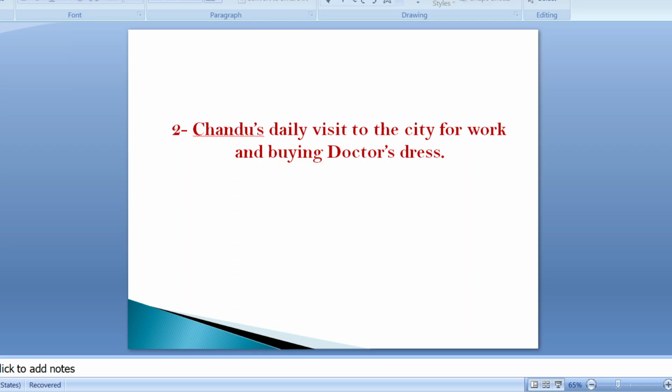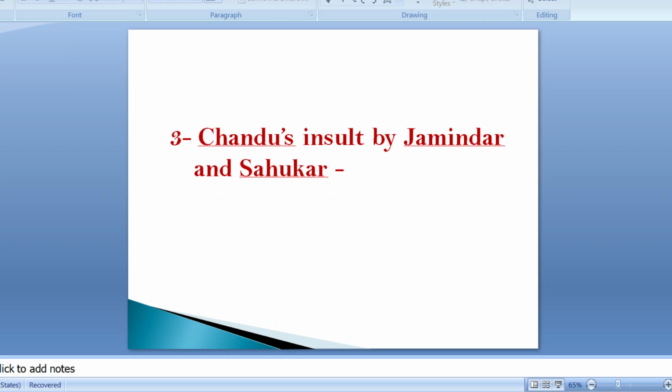He says you are not destined to wear such clothes like the doctor. You are only destined to wear your lower caste dress. So this was very abusing and insulting for Chandu. And next, what happened? Chandu's insult by Zamindar and Sahukar.